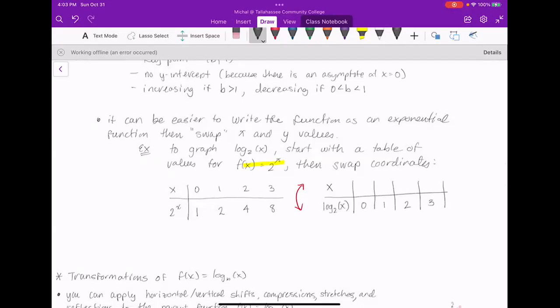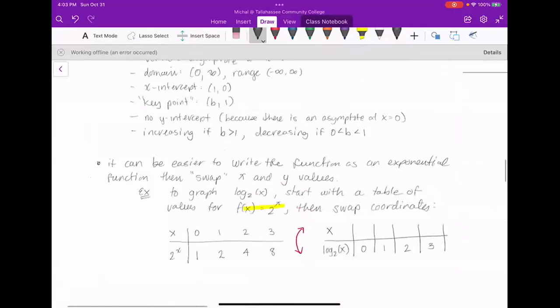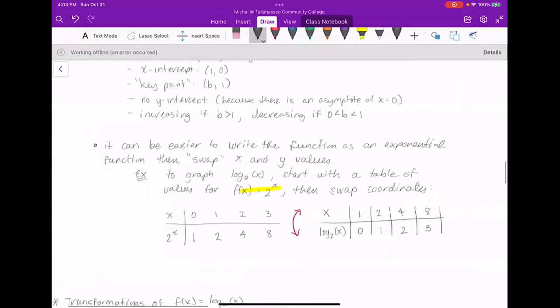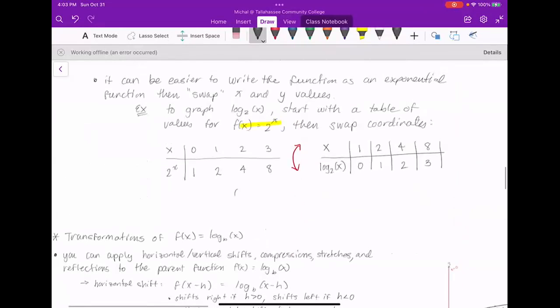So my inputs are going to be 1, 2, 4, and 8. So that means that on my graph, I would graph the points (1, 0), (2, 1), (4, 2), and (8, 3) if I wanted to graph f of x equals log base 2 of x.